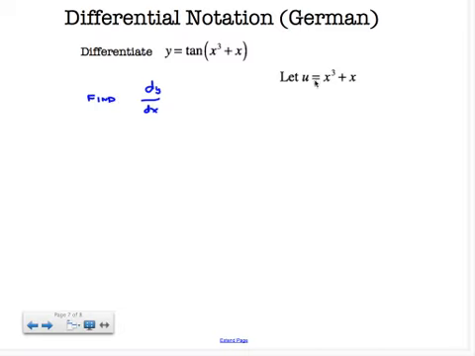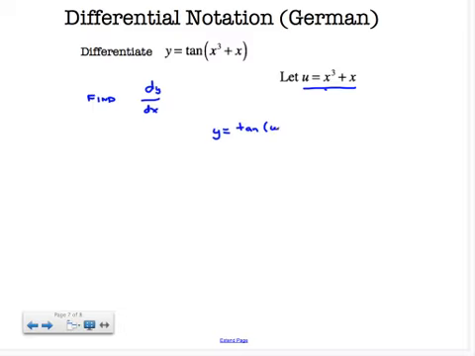Now, what's common in pre-cal, and will be common in calculus as well, is to make substitutions to make our problems a little bit simpler to look at. So a common substitution is a u substitution, where we say, okay, let's replace x cubed plus x with the letter u. Okay? So now you would have y equals tangent of u.